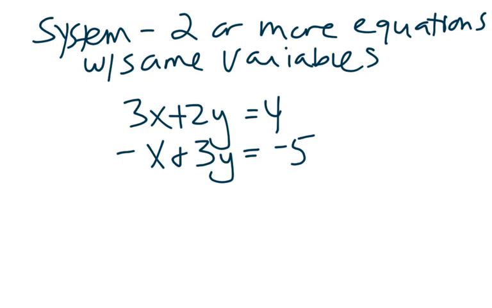But it's important to know when you're looking at a systems problem that the variables are controlled by more than one relationship. You have x and y, and they need to be related this way. If you take 3 times the value of x plus 2 times the value of y and add them, you need to get 4. If you take the opposite of x and add 3 times the value of y, that should give you -5.